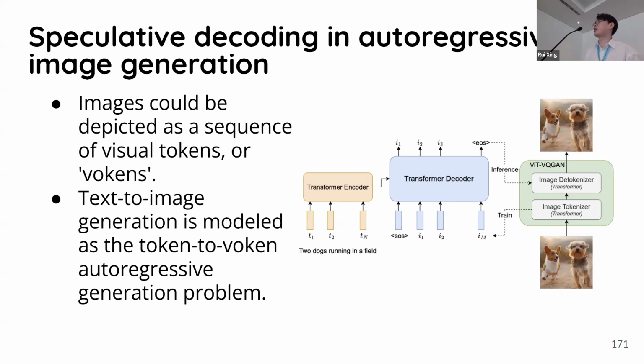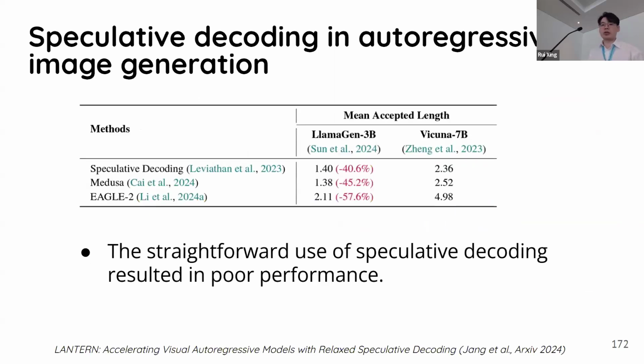And in the inference stage, we could input the text and let the generation model predict the visual tokens one by one, and then the predicted visual tokens could be transformed into an image. So autoregressive image generation is a typical autoregressive generation process.